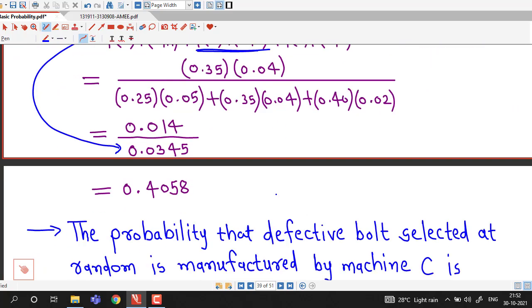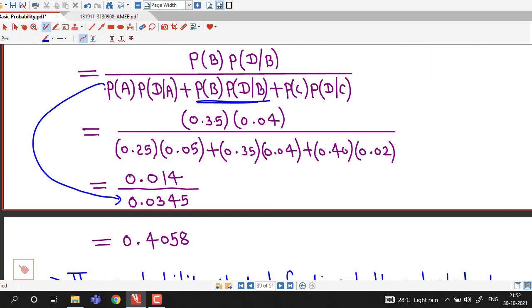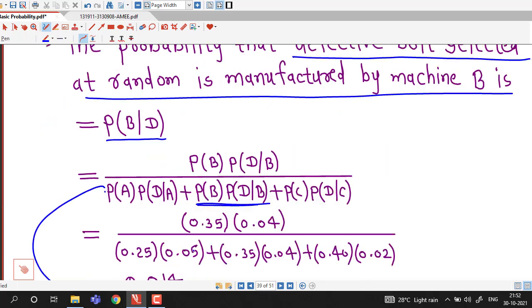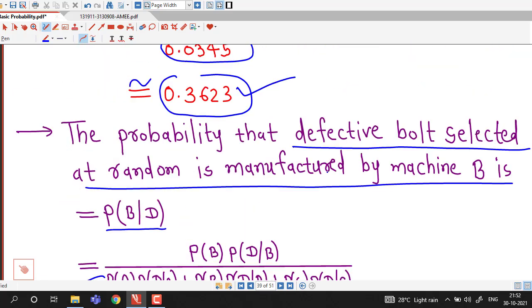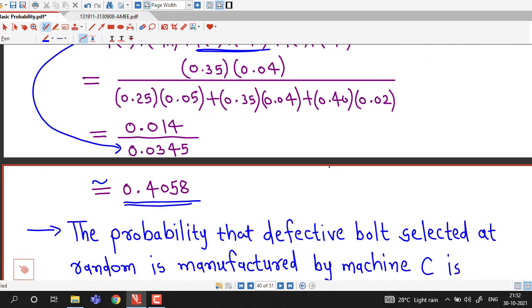We find that the product 0.35 into 0.04 is 0.014, and we obtain the probability that the defective bolt is manufactured by machine B as 0.4058.